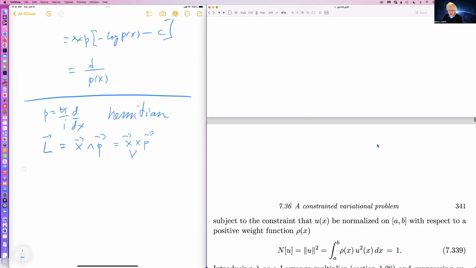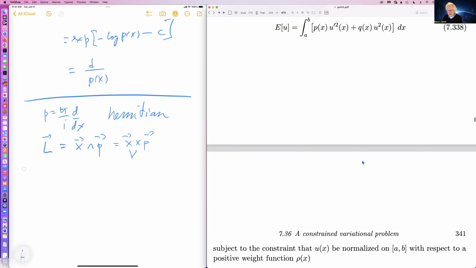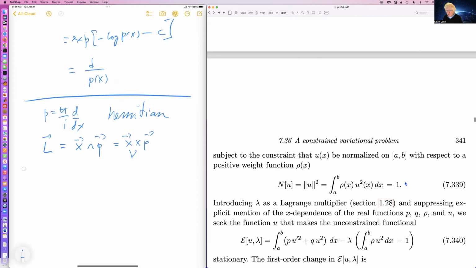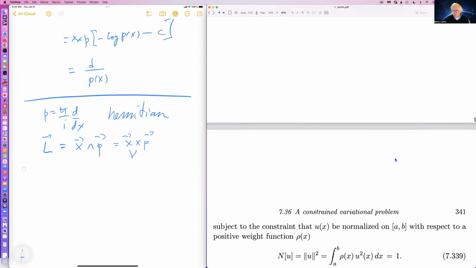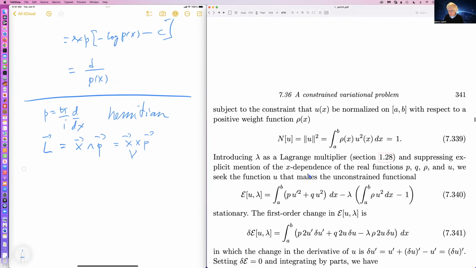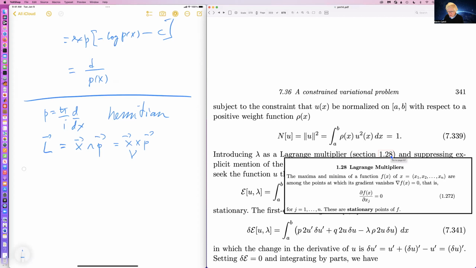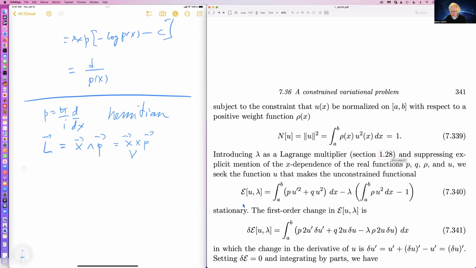So let's find the minima and maxima of this subject to the condition that the norm equal 1. Well, since we have two conditions here, we use the Lagrange multiplier technique.